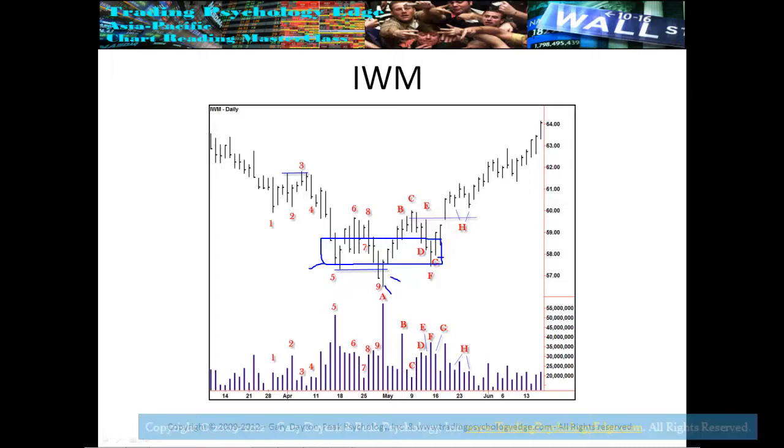Can I repeat the entry at G? Well, yeah. It depends on what you're doing here. If you're close to the market and you see this starting to rally on G, then you want to just buy it because you know you've been in this location and we're not going down. Now we're starting to rally up.